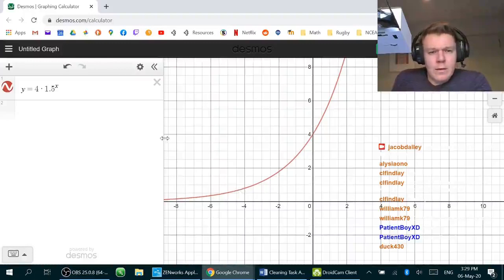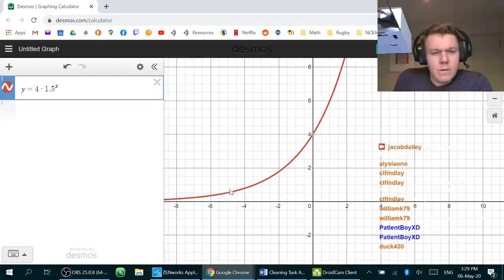Now, what I wanted to do was to see if I could match an exponential on top of that. What would that look like? Obviously our location point is going to be somewhere around here now. So this multiplying by 4 in front of an exponential has the effect of shifting where it crosses the axis up.